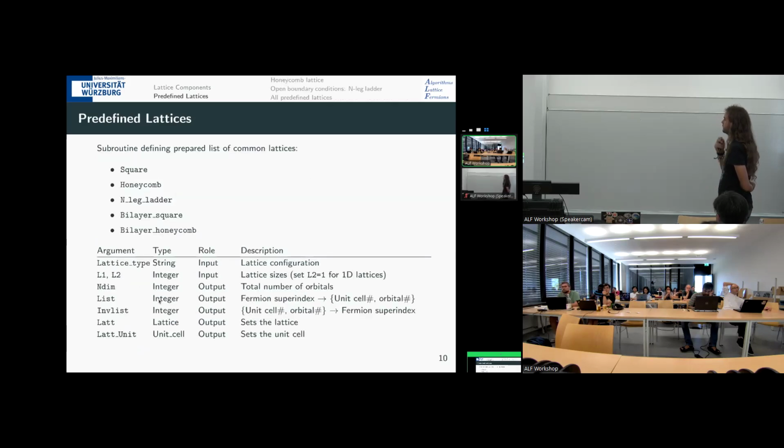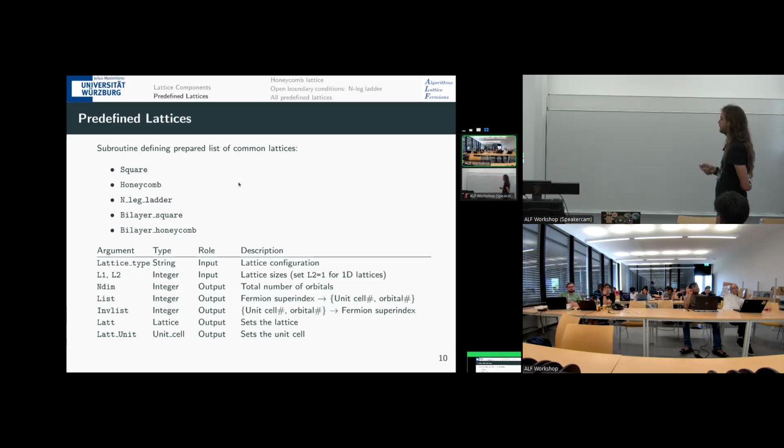Yeah. And now finally just some concrete examples of lattices that are actually also predefined. So you don't have to rewrite the code for that in Fortran in ALF. You just can use the module predefined lattices. And then you have, for example, predefined a square, honeycomb, n-leg ladder, a bilayer square, and a bilayer honeycomb lattice.